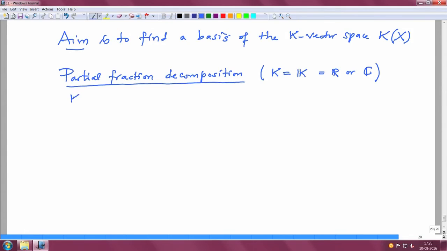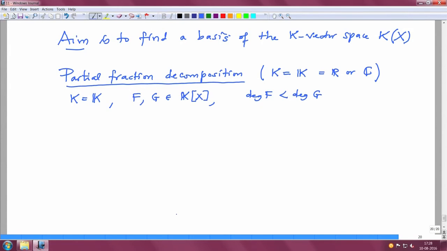So, the double-line k means it is either the field of real numbers or the field of complex numbers. Let us take two polynomials f and g in k[x], and I will also assume that the degree of f is smaller than the degree of g.